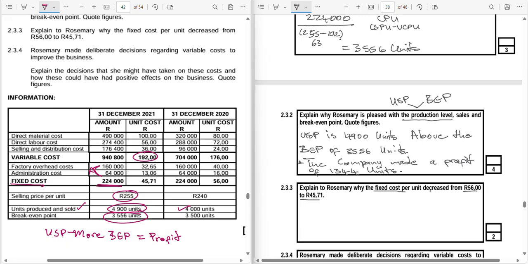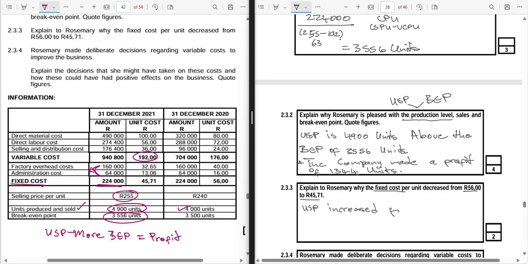So what you are going to say there is, units sold and produced increased from 4,000 units to 4,900 units, by 900 units.